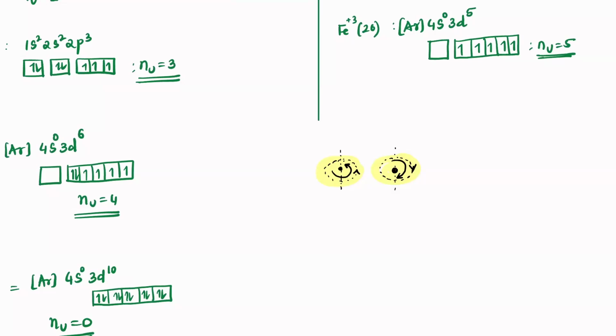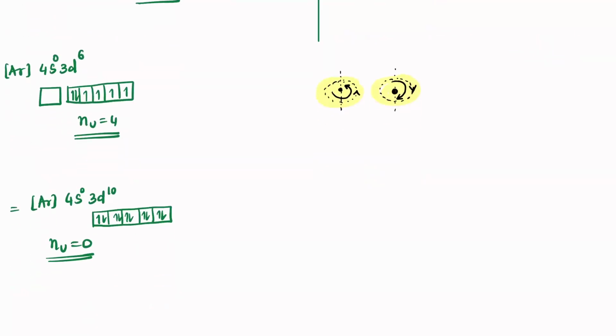Such cases where the number of unpaired electrons are zero, we call those species diamagnetic species. Remember this: let's say this entire species has a nucleus like this, and various orbits, and within those orbits we have some electrons. This entire species is brought close to an already existing magnet.